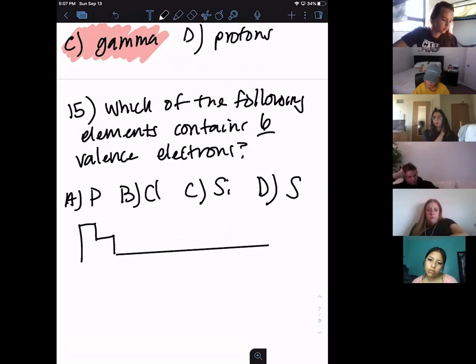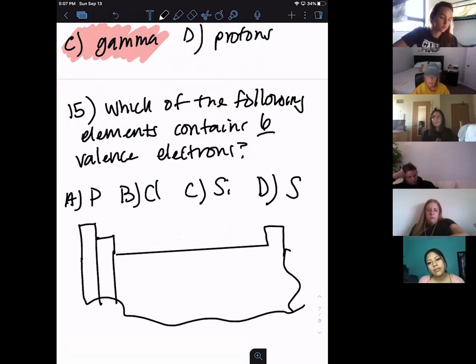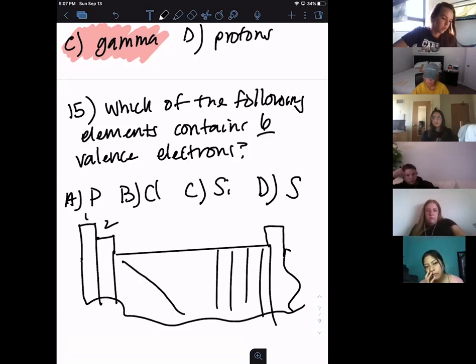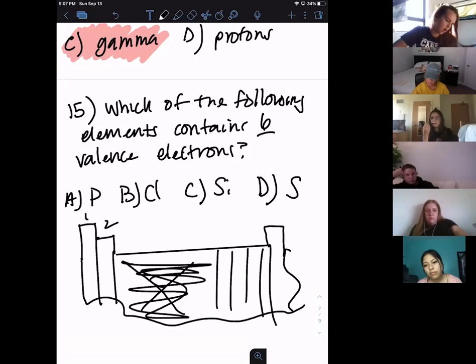And then 1, 2. And then where's my 3? Do I count this? Not this section. Don't count this section, right? 3, 4, 5, 6, 7. Just pretend, and then 8 is noble gases. I didn't put enough lines in there. I told you it was going to be chintzy.